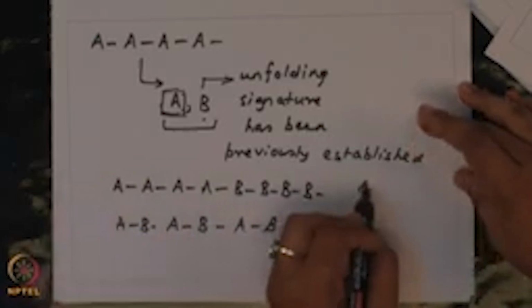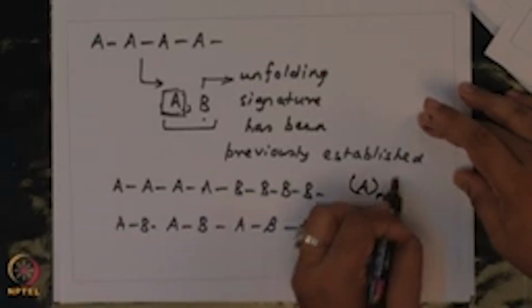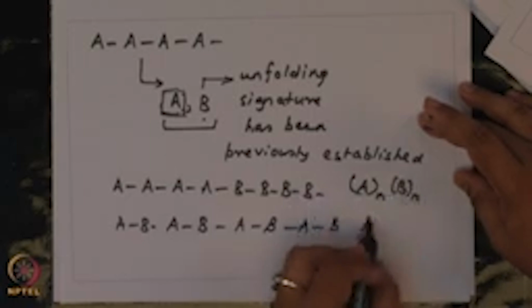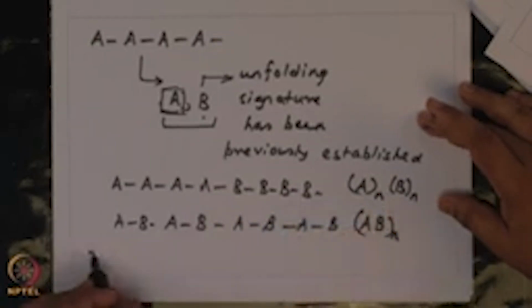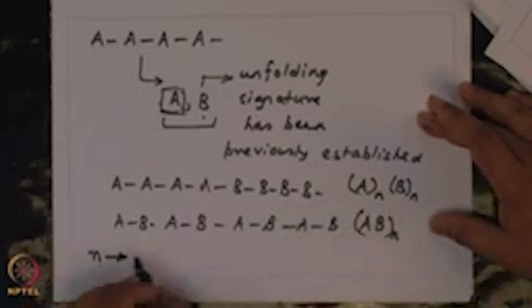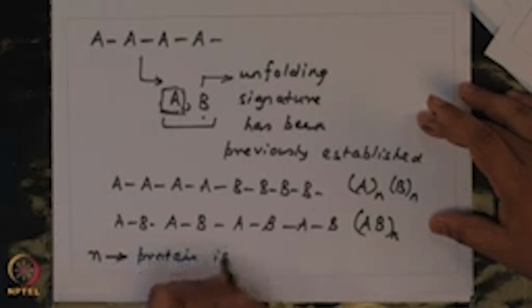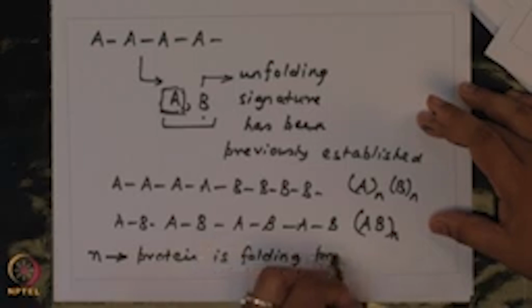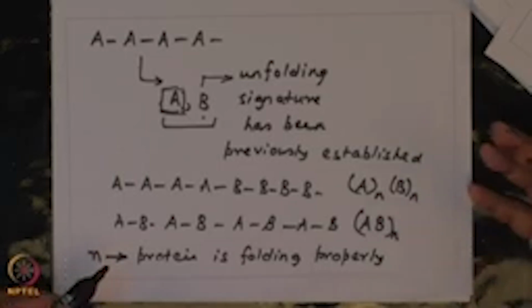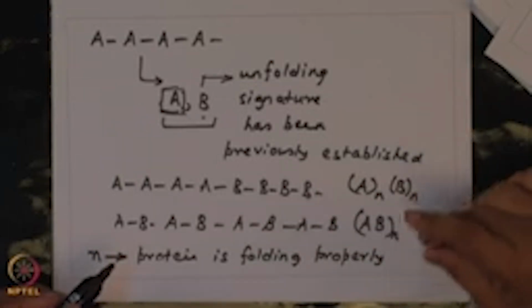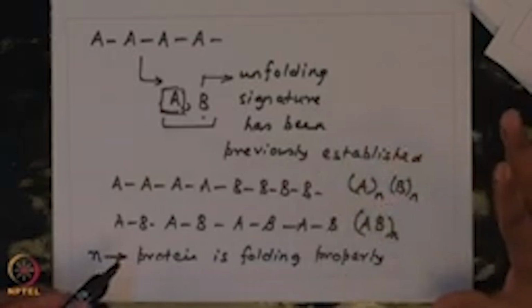In short, do I repeat A n times, B n times, or AB n times? n may be variable. You choose n such that at least you know the protein is folding properly. Your n might be 3 in one case or 4 in another, but you need to make sure that this protein is folding properly.